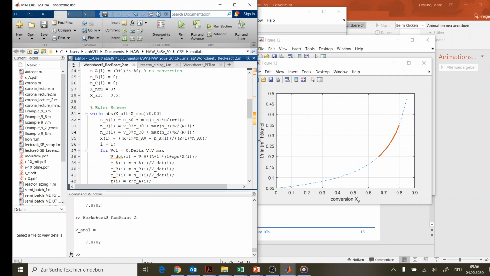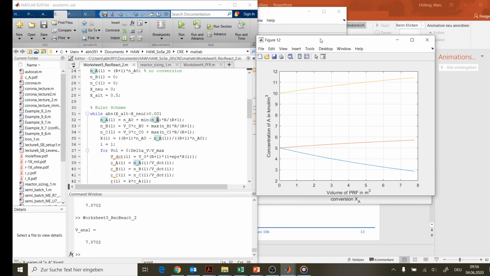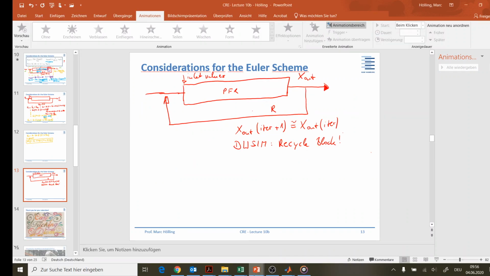And then what I'm doing here is saying, okay, the inlet mole flow is just the initial mole flow plus the minimum value of the mole flow that is present inside the reactor. So since you know your mole flow here, where is it?